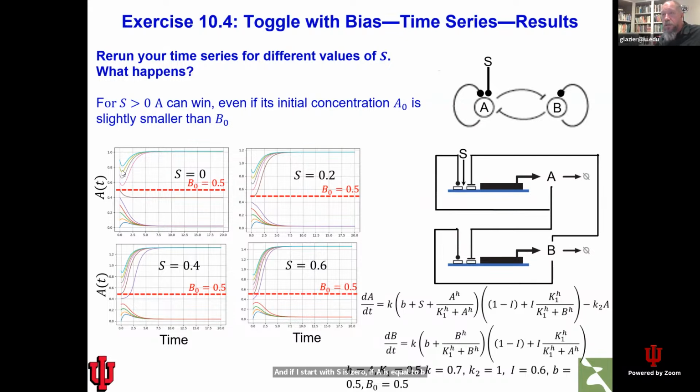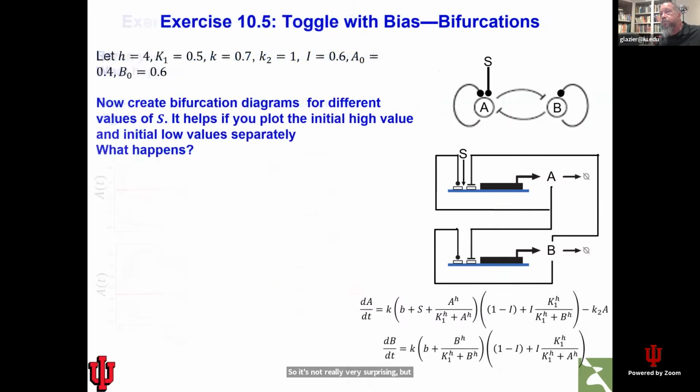If A is bigger than 0.5 initially, it goes high. If A is initially less than 0.5, it goes low. And here you see exactly that. If S is 0.4, I can start with A equal to 0.4, even 0.35, and I'll still wind up with that high solution. So it's not really very surprising, but it's nice to know that that works.